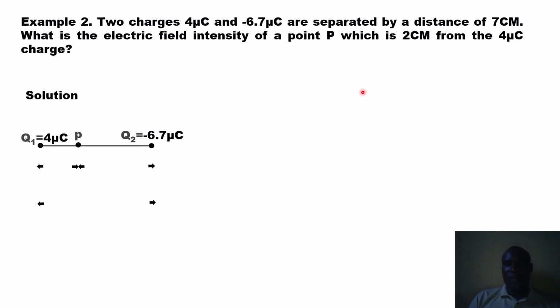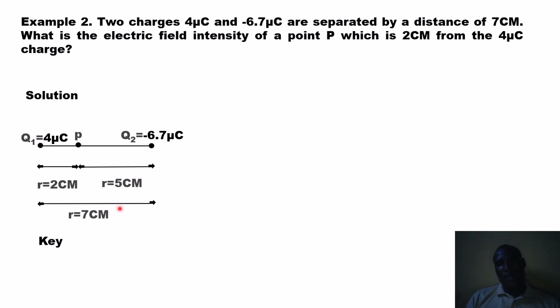It is 2 centimeters from the 4 microcoulomb charge. So therefore, we have our 2 centimeters. 7 minus 2 centimeters will give us 5 centimeters. And the total distance is what? It is 7 centimeters. And let us work it out.